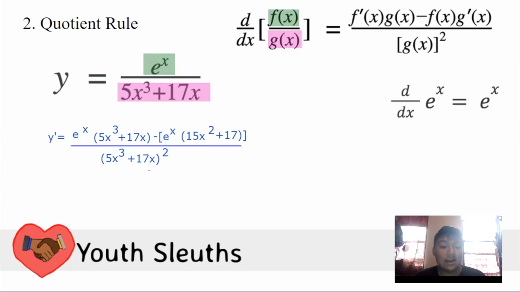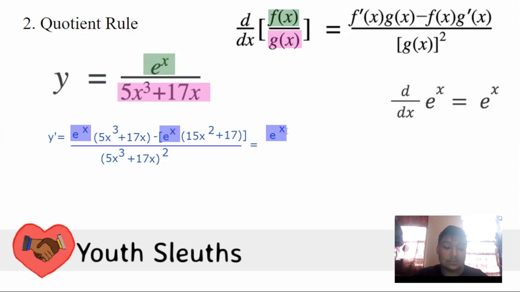Now, out of preference, I would recommend factoring out the e to the x instead of distributing it or just leaving it like that. As we'll find out, it looks better if we factor out the e to the x than if we just leave it or distribute. So we'll begin by taking e to the x out.